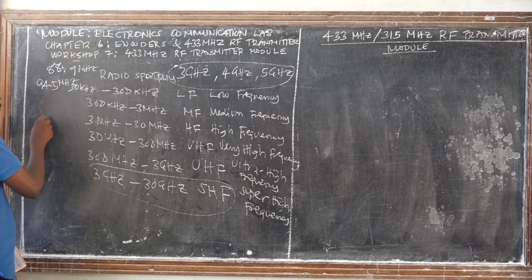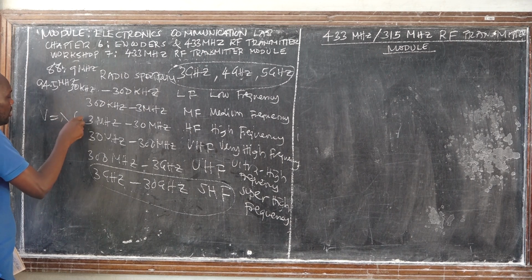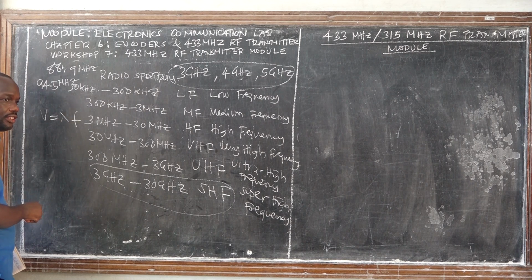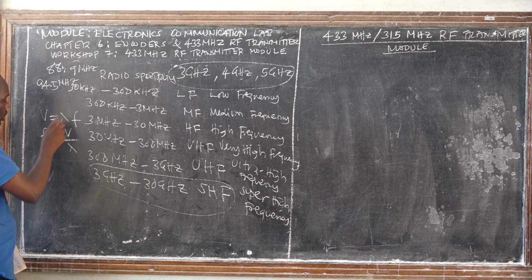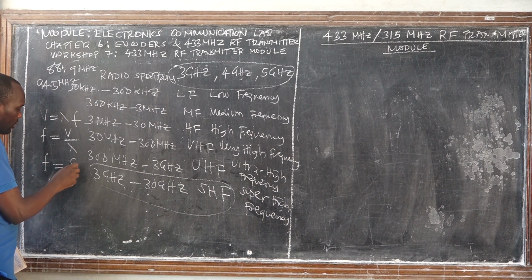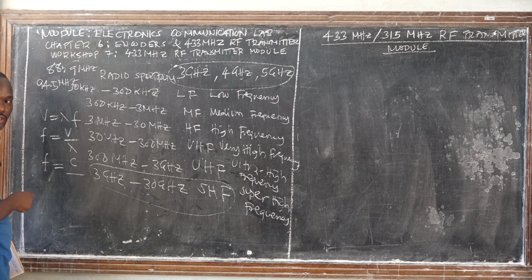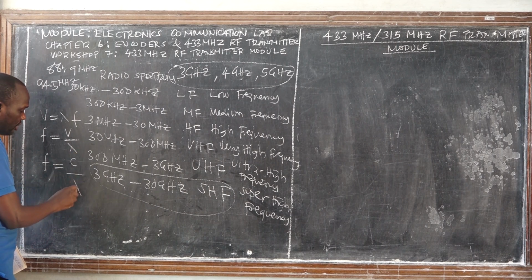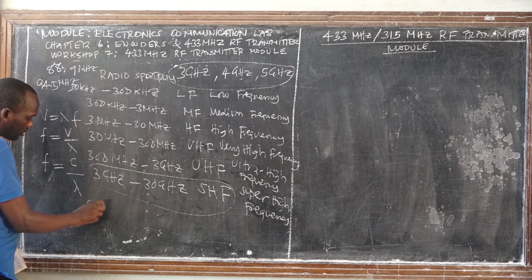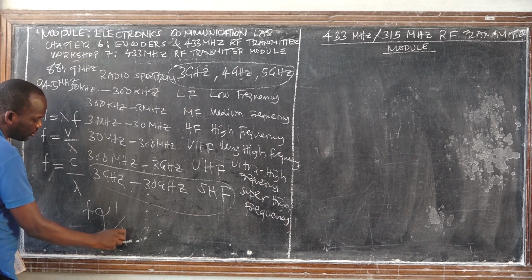We taught you that velocity is equal to wavelength times frequency. Then if you are looking for frequency, this is equal to velocity over wavelength. Whenever you talk about radio frequency, we mean that this is light. So the speed of light is 3 times 10 to the power 8 meters per second. So speed of light over what? Wavelength.